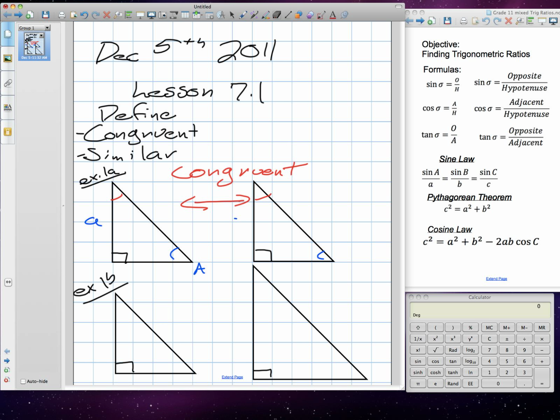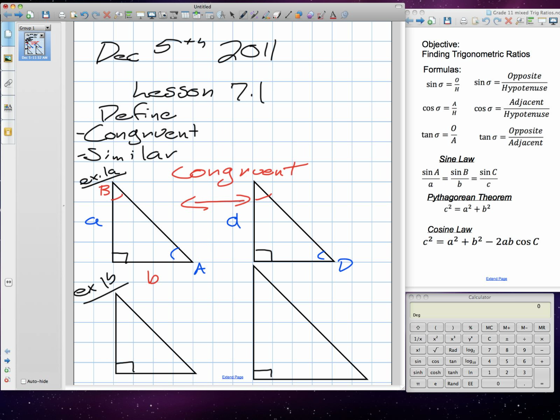Don't worry, we'll get to it. That's D. We'll call this B. Angle B. E. Side E. And this will be C and C, F and F.